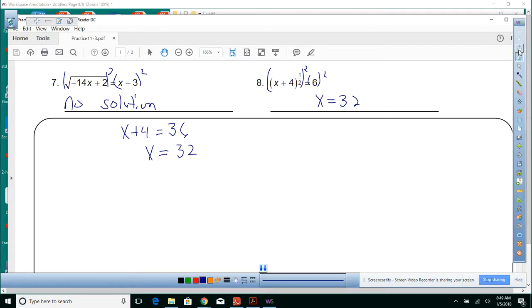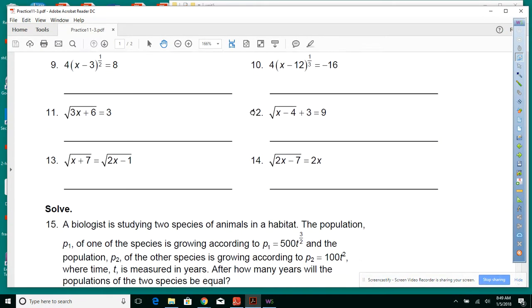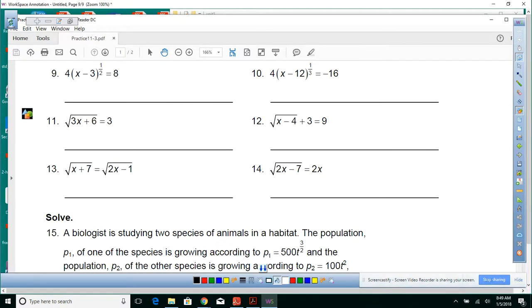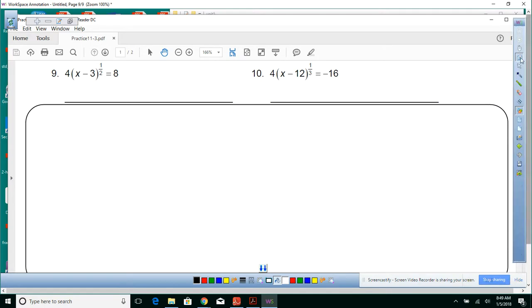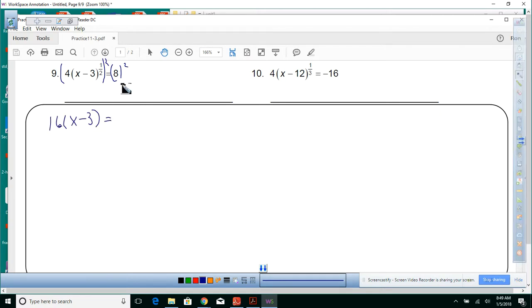Let's try number 9. First, we're going to square both sides, so we can get rid of that 1/2. 4 squared gives you 16, so 16 times x minus 3 equals 8 squared, which is 64.